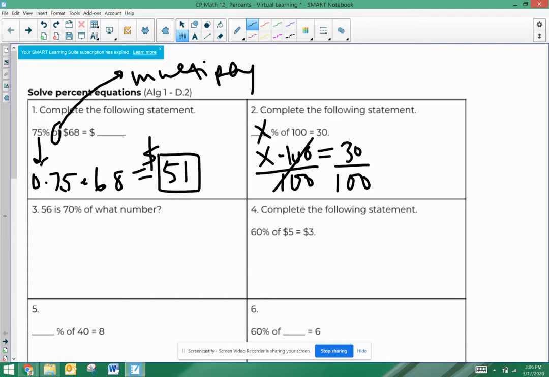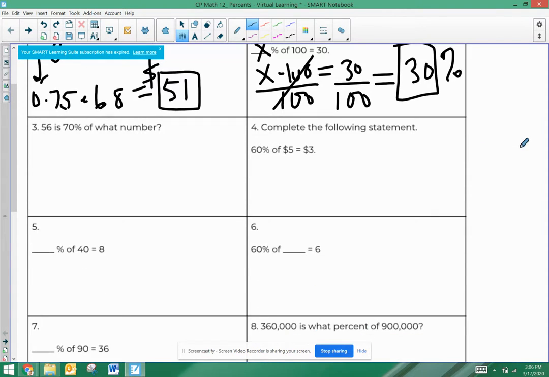And when I have 30 over 100, that tells me that that would be 30%. 30 per 100 is 30%. So my answer is 30 because that fills in the blank. 30% of 100 equals 30.